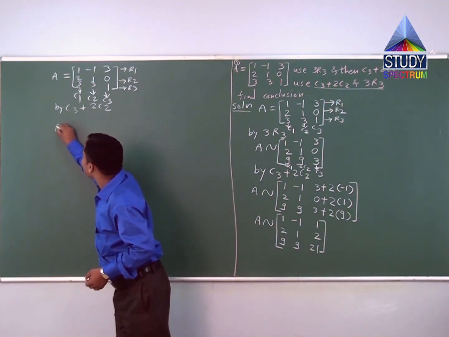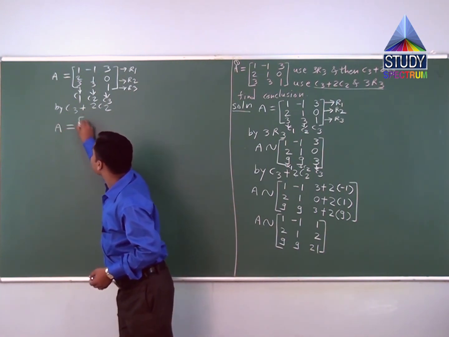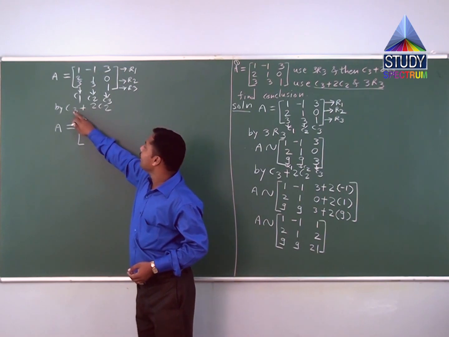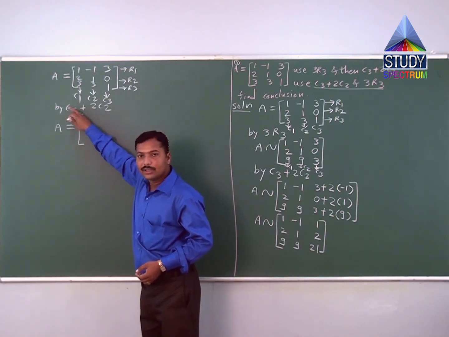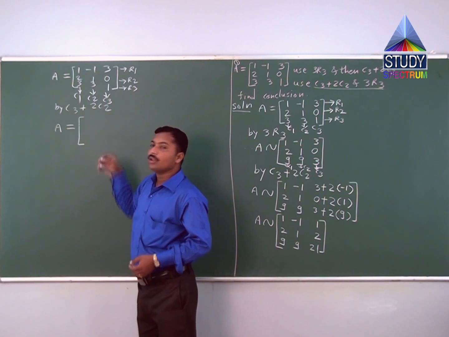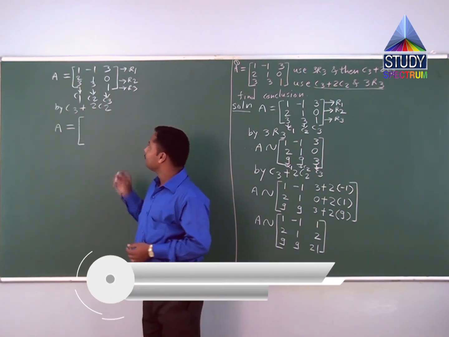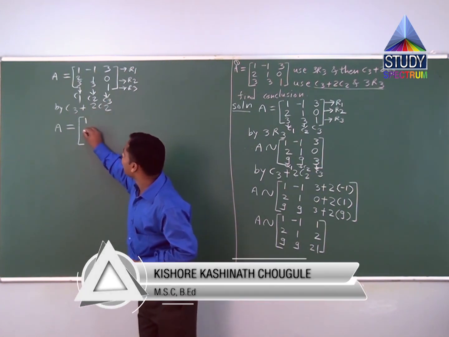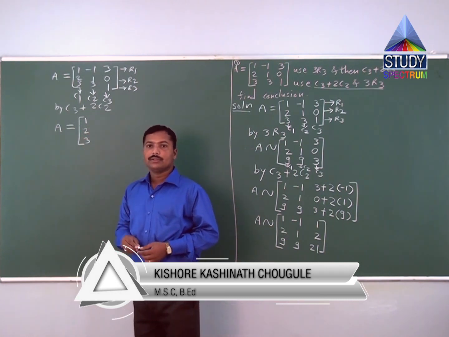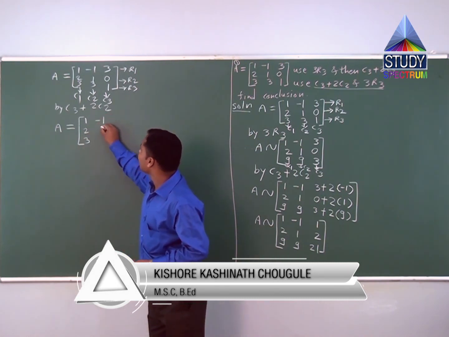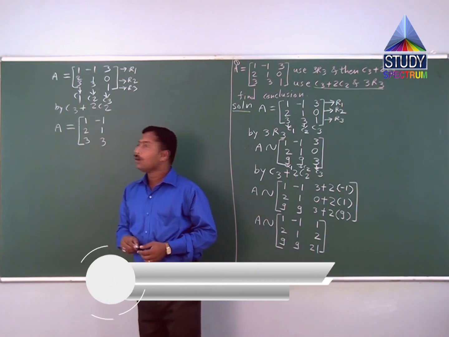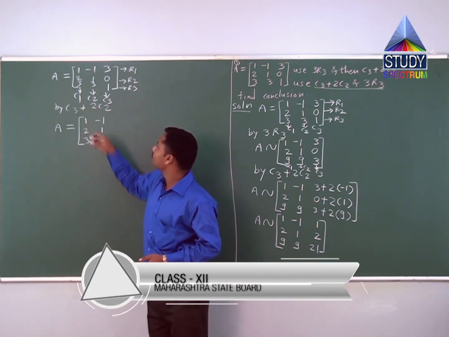So A equal to, C3 changes only, the other two columns are as they are. So first column 1, 2, 3, second column minus 1, 1, 3, and the third column is C3 plus 2C2.